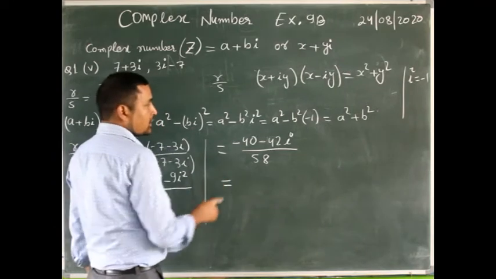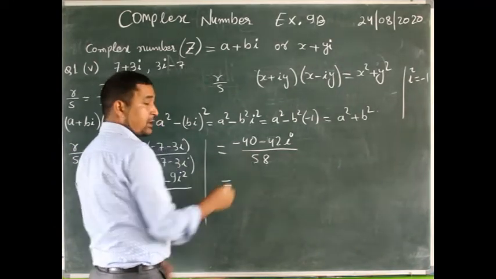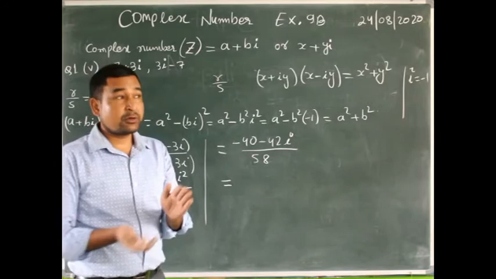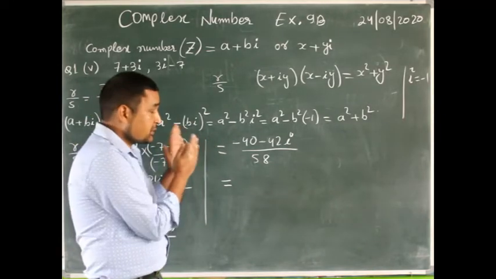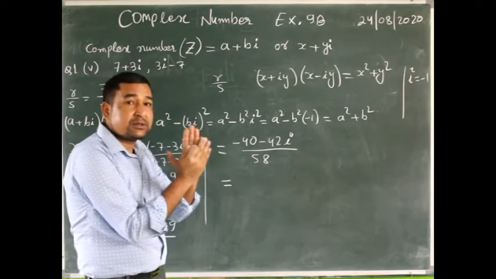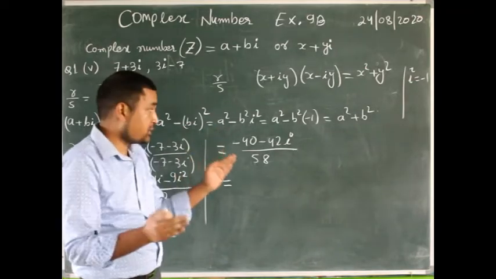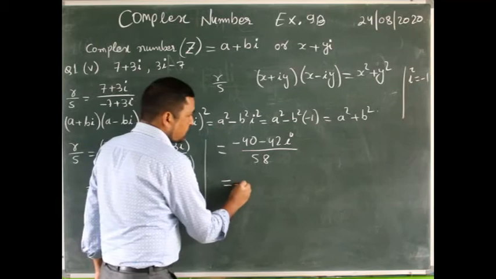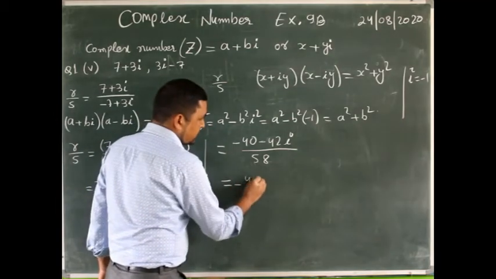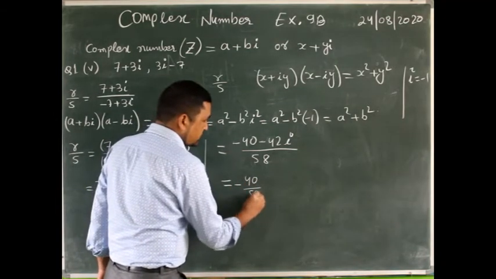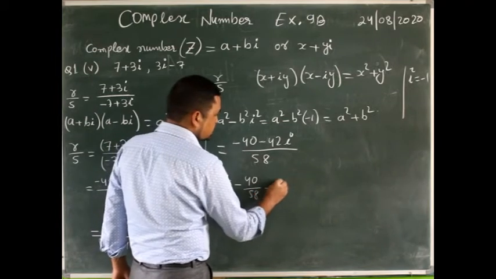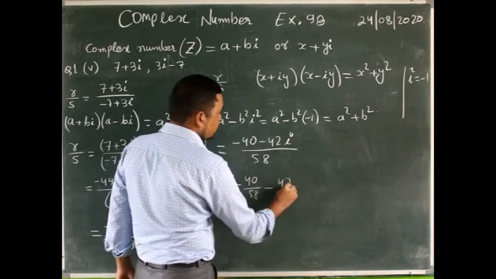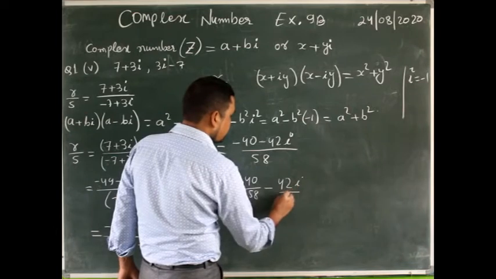Now separate the denominator. When you are writing a complex number, you have to write it in the form of real and imaginary parts separately. Don't put a common denominator, separate it. Now minus 40 divided by 58, then minus 42i divided by 58.